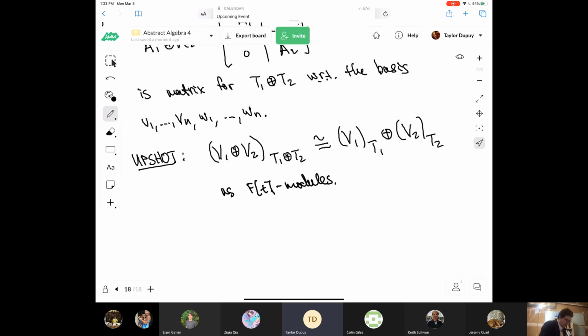So like their decompositions, their invariant factors, you have invariant factors for each piece. Okay, and that's all you need to worry about.